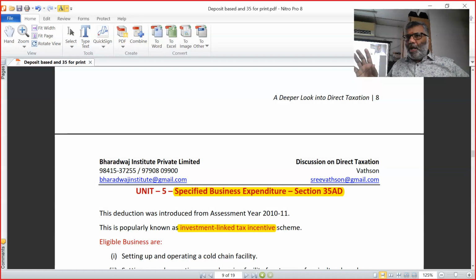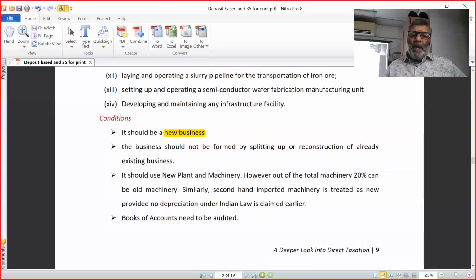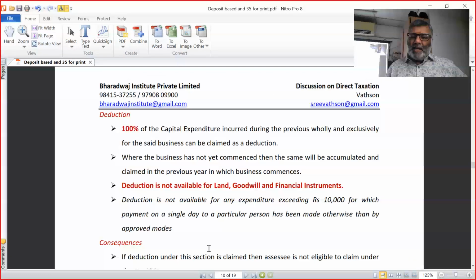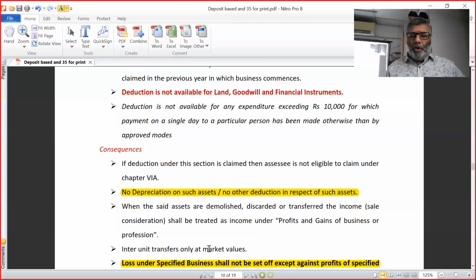All expenses allowed as deduction, all investments allowed as deduction. Investments of past periods can be accumulated and claimed in the first year of operation. No deduction for land, goodwill, and financial instruments. Loss of a specified business can be set off only against the income from a specified business. And if there is a similar business which is non-specified, they are now allowing it to be set off.